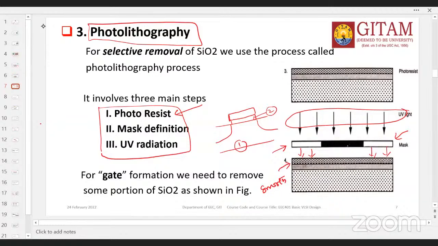In this particular process, the portions exposed to light become very hard, and the middle part, which is not exposed, is very smooth.